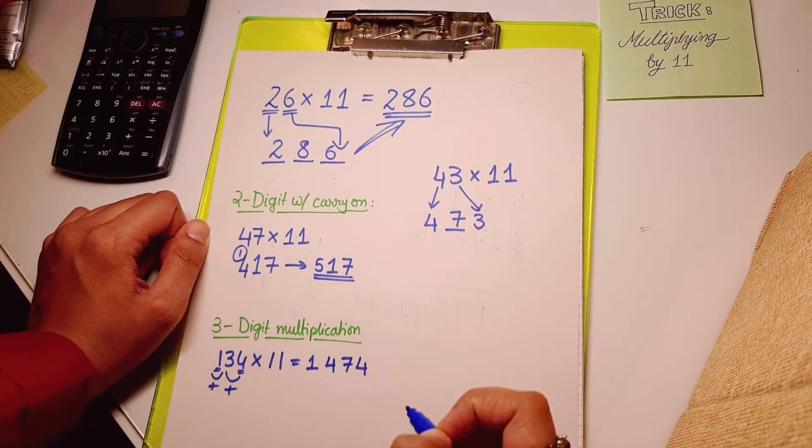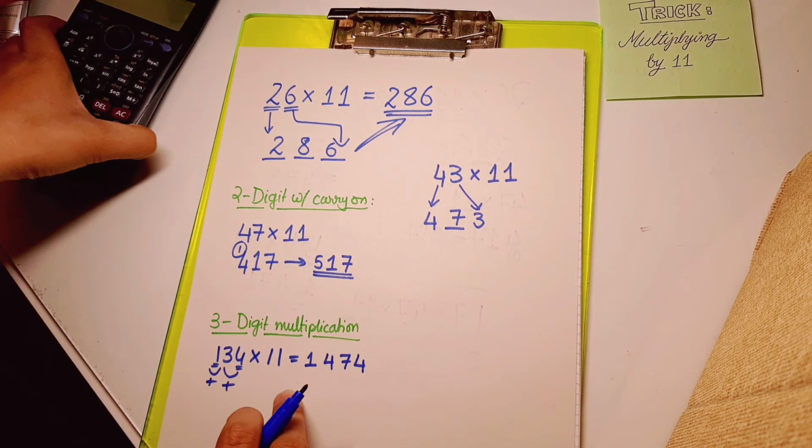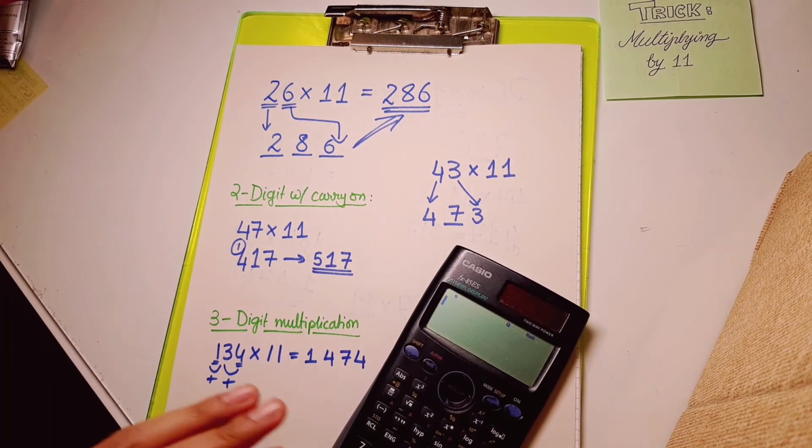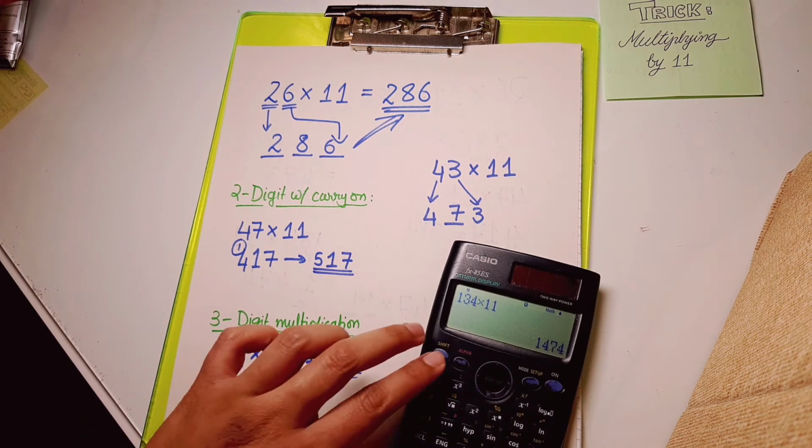For example, well, I'll give that question later on. But let's just check this one so that you can see that it works. So we have 134 times 11, and we get 1474. So it matches up with our answer over here, right?